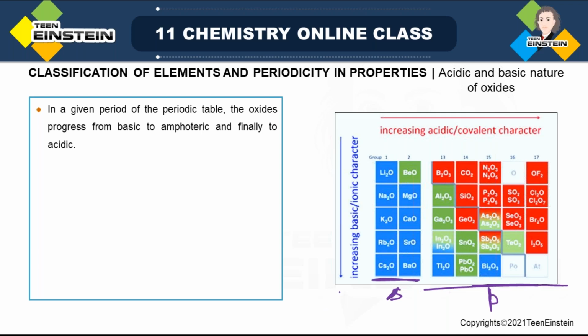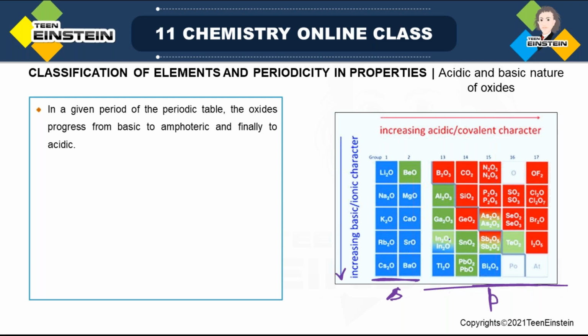Okay, so in the S block, this blue color basically shows basic character, and down the group there is an increase in basic character, that is also mentioned. Now this green color is basically in between, that is either amphoteric or it may be neutral.